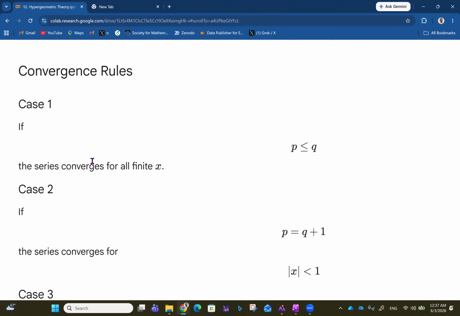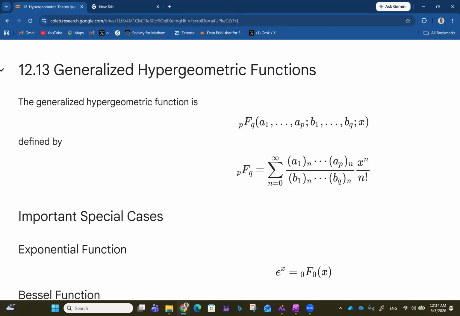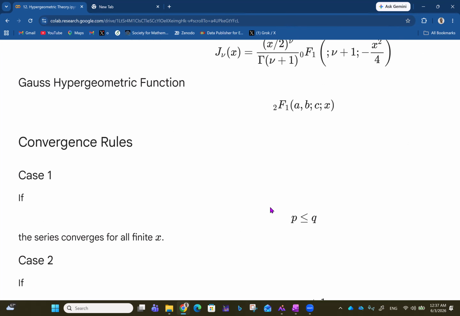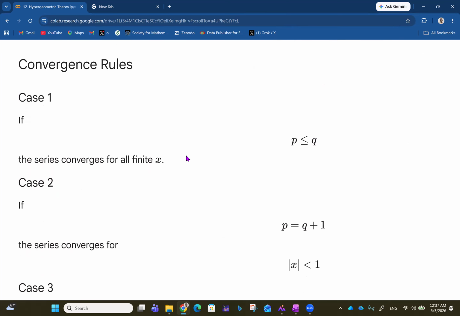Then that brings us to the convergence rules. For case 1, remember this p and q from the generalized pFq: if p is less than or equal to q, then the series converges for all finite x. For case 2, if p is equal to q plus 1, the series converges for absolute value of x less than 1.